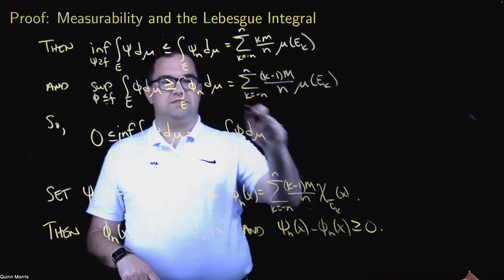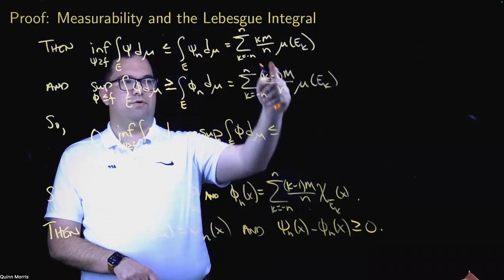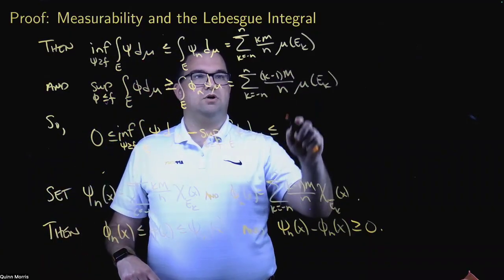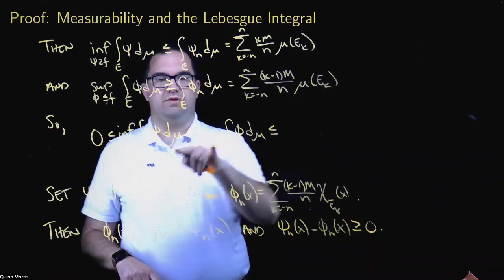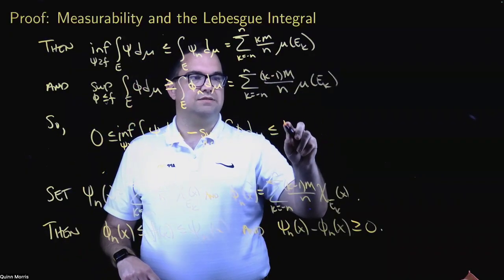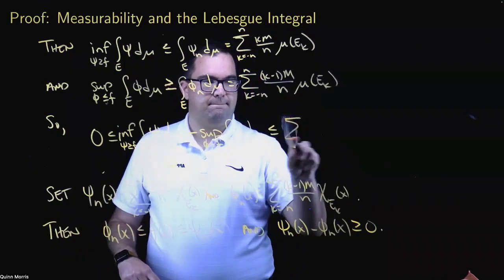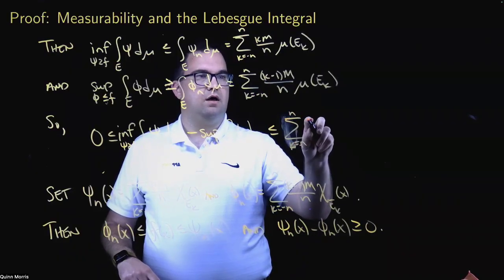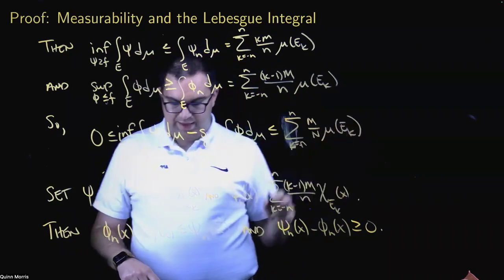But I've already expressed, or at least have some inequality here. If I replace this with something that's bigger and this with something that's smaller, that just makes the difference bigger. So the difference between these two will be bigger than the difference between these two. But the difference between these two can just be expressed as a sum, k equals minus n to n of m over n times mu of ek.